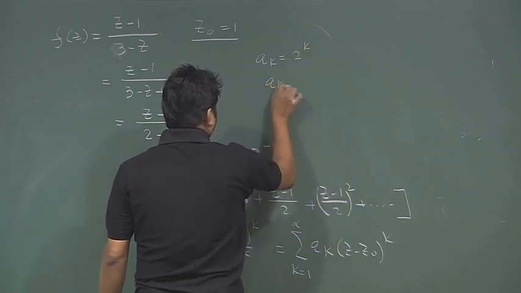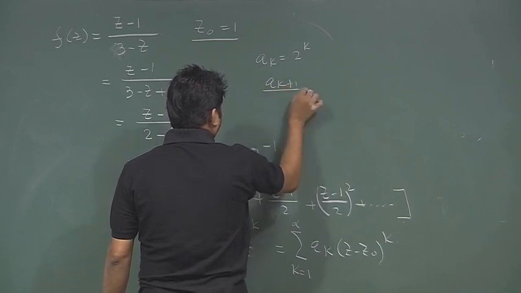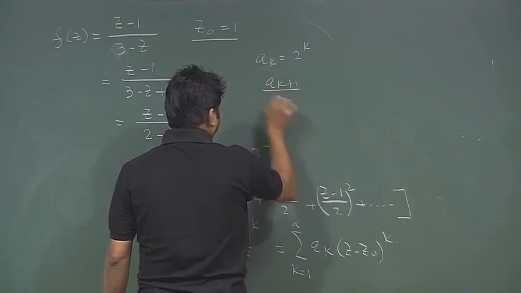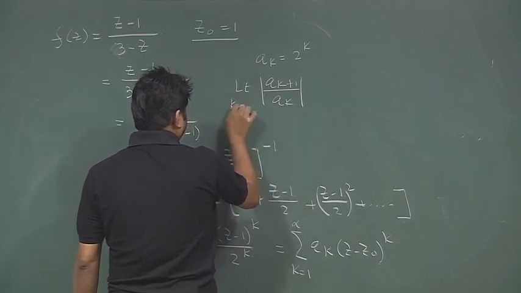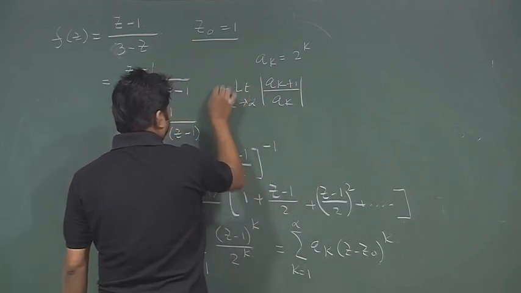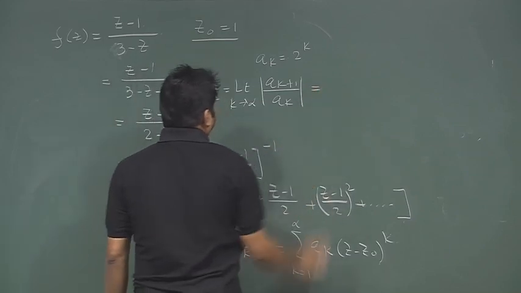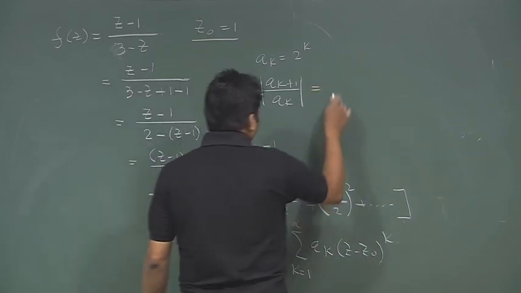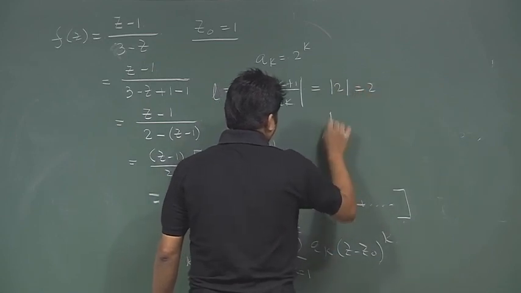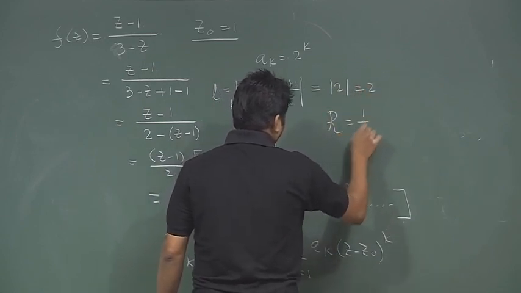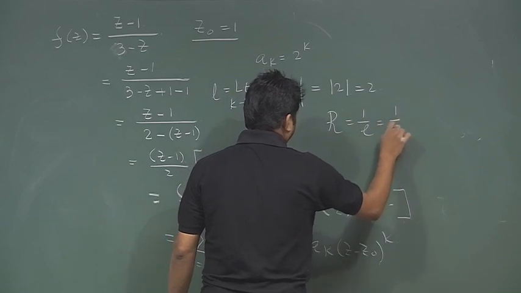So, the limit of mod of a_(k+1) by a_k as k tends to infinity, which is my L, is something like mod of 1 by 2, or 1 by 2. R seems to be 1 by L, which is 2.